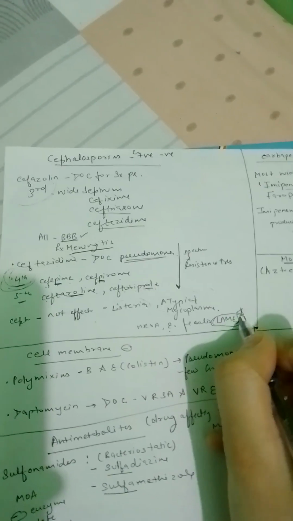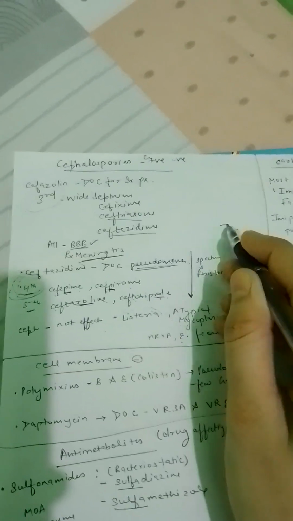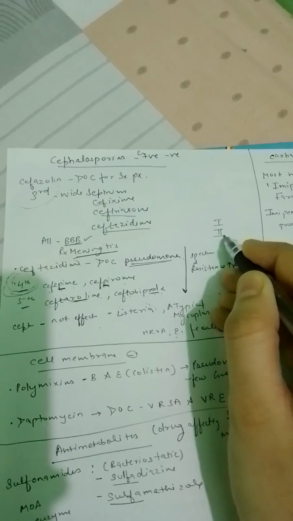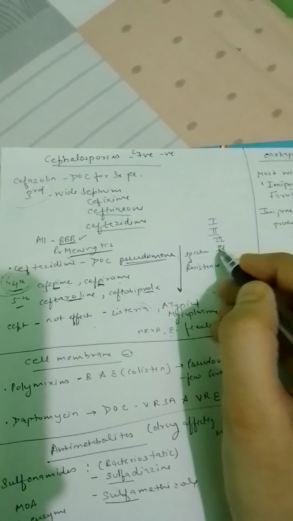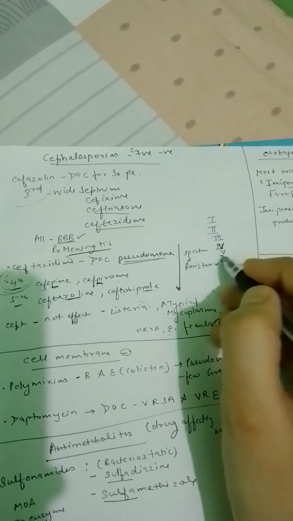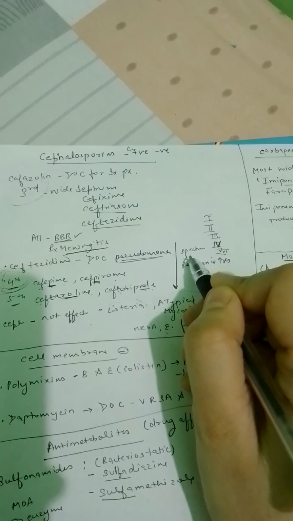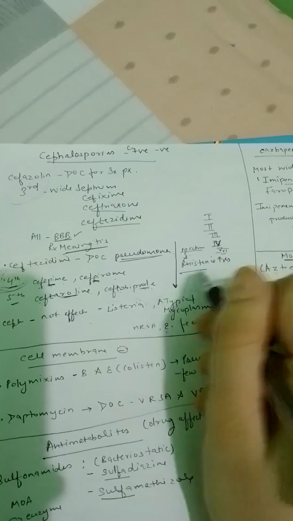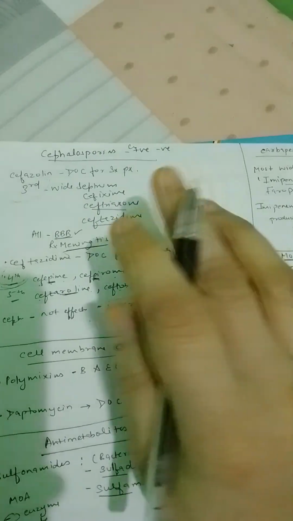Okay, one more thing is that as the cephalosporin generations are increasing, like first, then second, then third, then fourth, then fifth, then sixth generation, the spectrum as well as resistance is also increasing. Spectrum means we can use it widely.